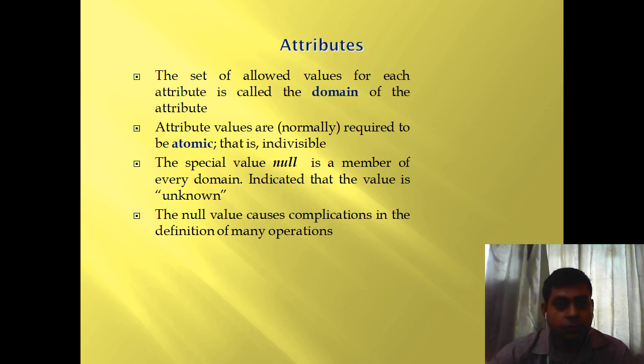Now for a certain attribute there could be many values. Let's say instructor has many IDs, that is denoting different instructors. So the collection of those IDs is called the domain of the ID attribute. And it can be atomic.